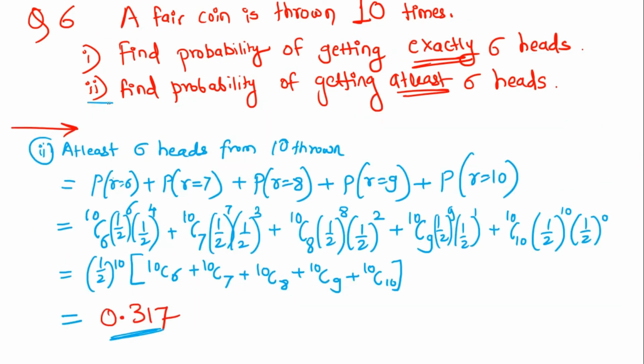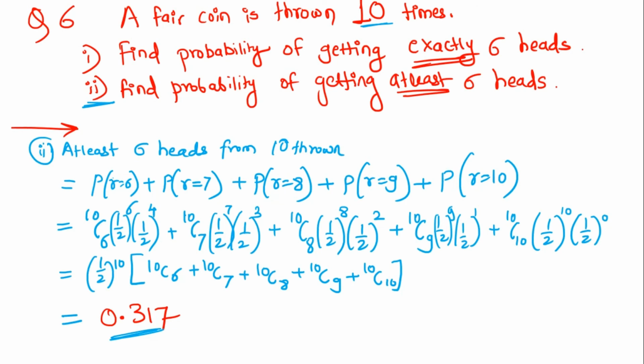Next, we have to find the probability of getting at least 6 heads. Here we start from when we get 6 heads and go up to as many times as you have thrown the coin. So the probability will be the probability of getting 6 heads plus the probability of getting 7 heads plus the probability of getting 8 heads, up to the highest number of heads possible in this sequence, that is when you get head 10 times.